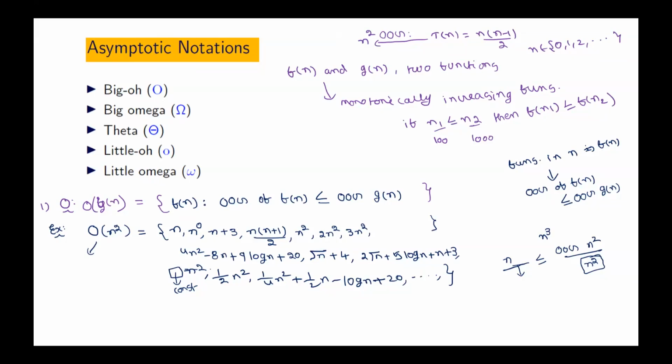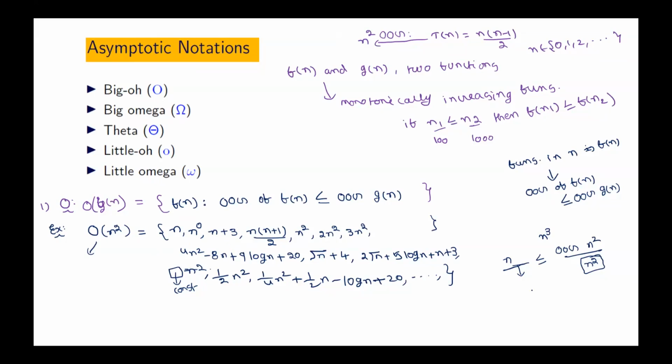Infinite. Our intention is that whatever we write inside this set, its order of growth is either equal to n square or less than n square.